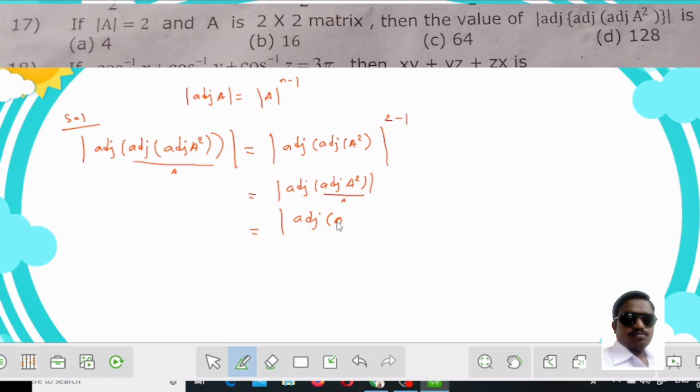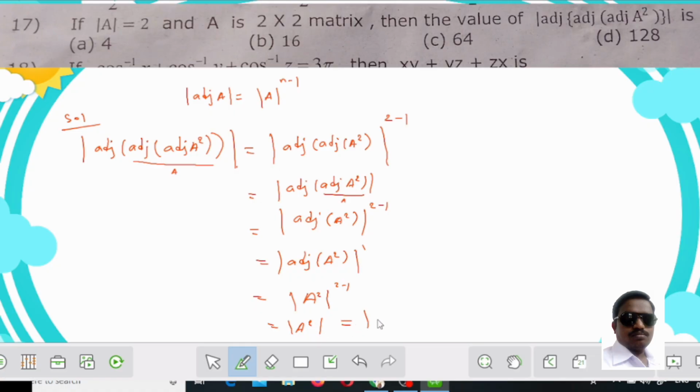The order of adjoint A square is also 2, so you may write 2 minus 1. So this becomes determinant of adjoint A square power 1. In the same manner, now you consider A square as A. So this will become determinant A square power 2 minus 1.